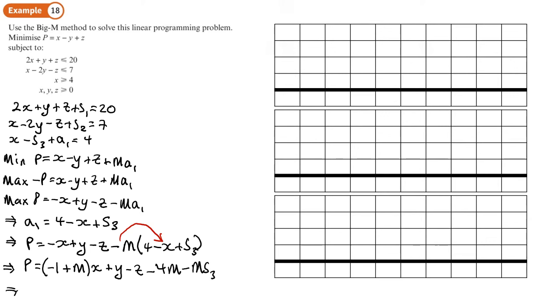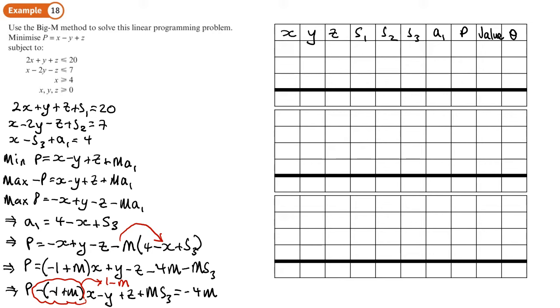So what we'll now have is p minus (-1 plus M)x minus y plus z plus M S3, big S there, not a little s, equals -4M. Now when we put the coefficients in the table, if you've got -1 plus M, this is basically just going to become 1 minus M. So when I put it in the table, I'll just put 1 minus M there, because that's what this becomes.